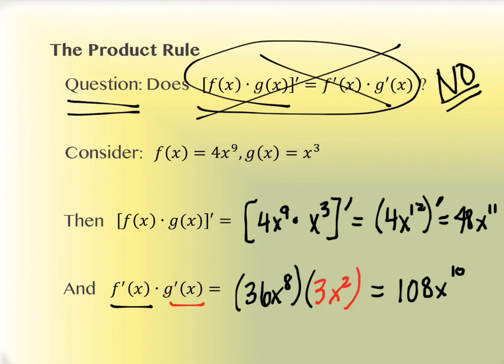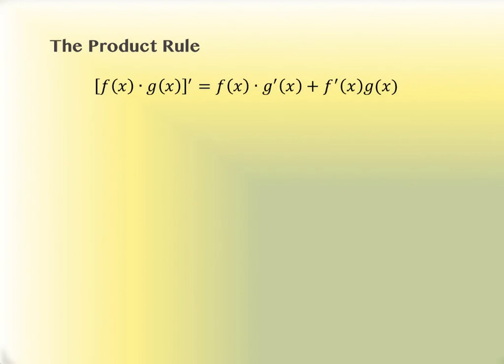Okay, so what in the world is the product rule then? Well, the product rule actually looks like this instead. You notice the left-hand side is exactly the same as the previous slide. You've got the individual product in the middle, you've got the derivative notation on the outside. But the way that we actually do the product rule is we take the first function and rewrite it as is, no derivatives or anything, just rewritten.